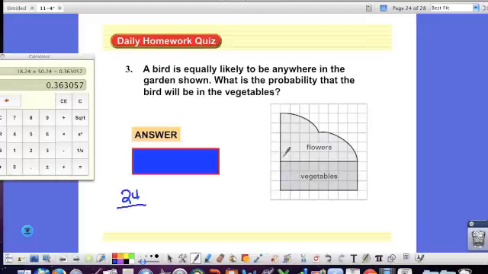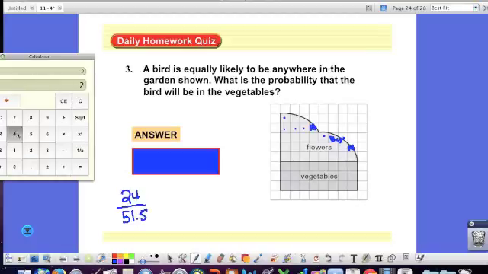So this was 24, 25, 26, 27, 28, 29, 30, 31, 32, 33, 34, 35, 36, 37, 38, 39, 40, 41, 42, 43, 44. I'm going to group these together and call them 45. I'm going to group this and call it 46, 47, 48, 49, 50. I'm going to call it about 51.5.